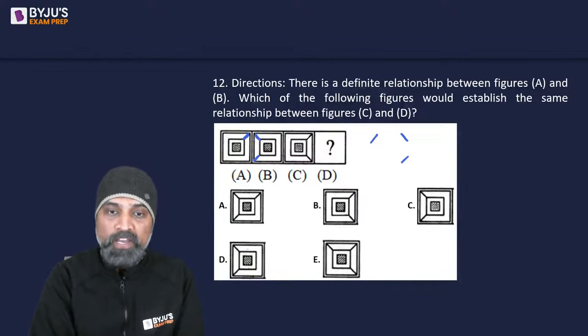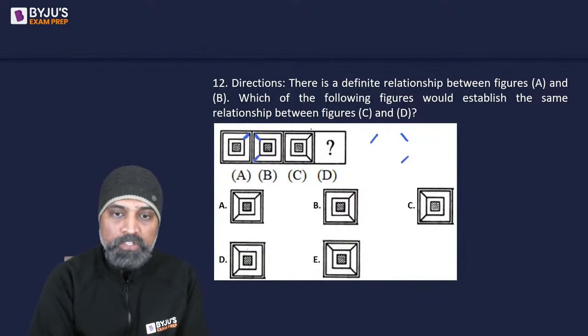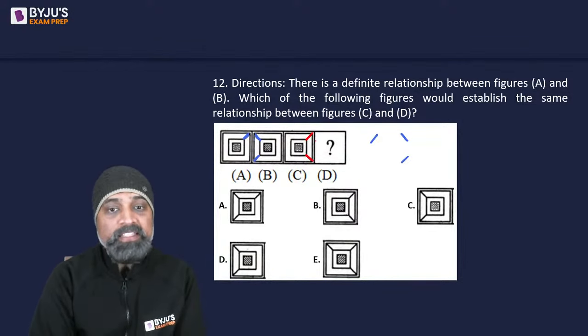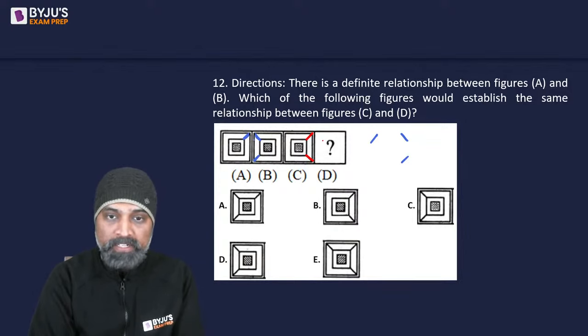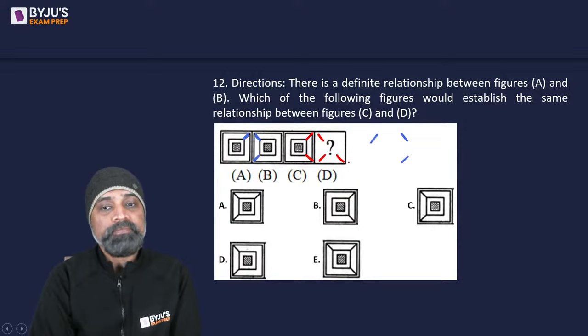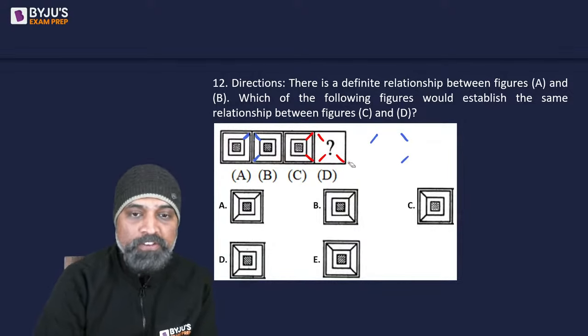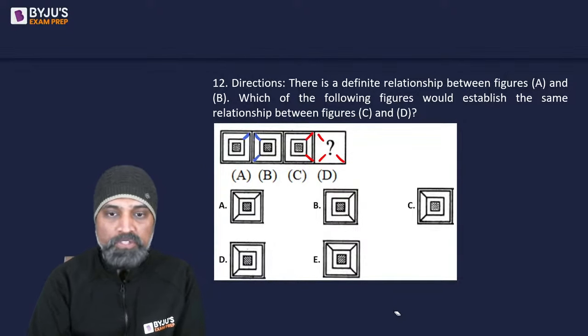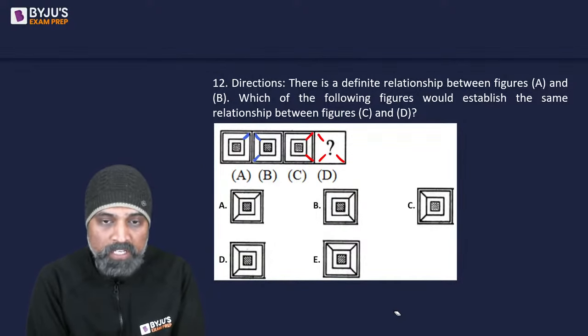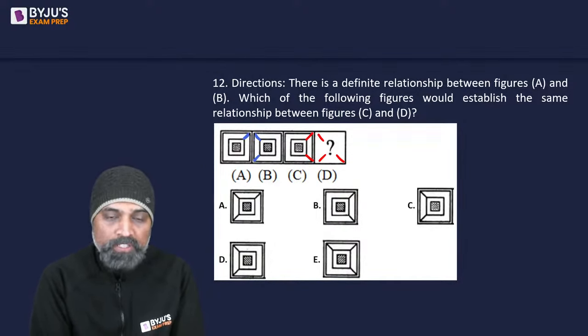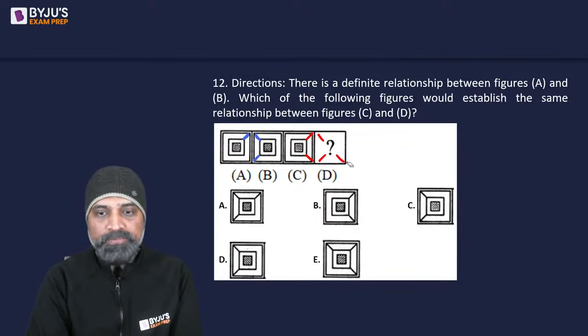So if I have 2 joints here, in the next figure I'm supposed to get 3 joints. One should increase, right? So, do we have any figure which has those 3 joints? 1, 2, 3. There should not be any overlap, should there be? Okay, so we don't have those 3 joints over here.